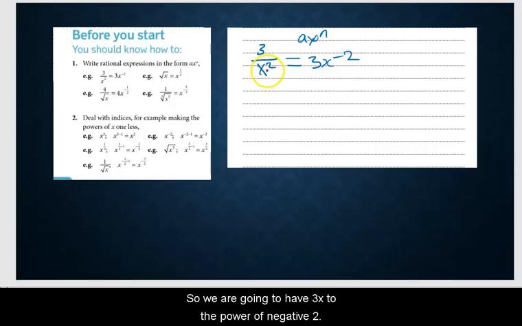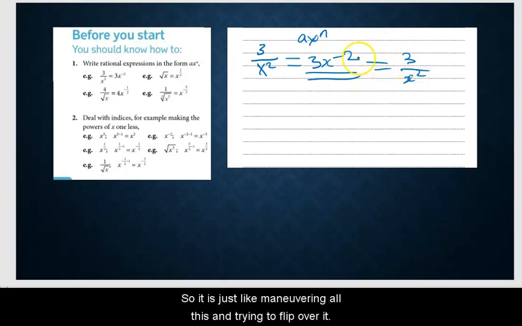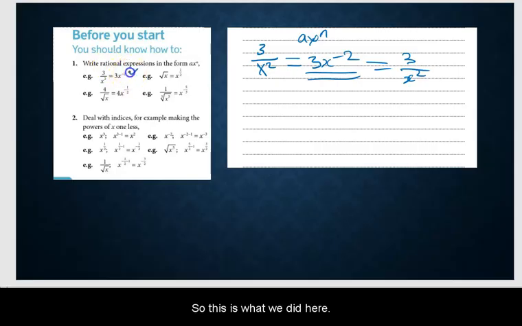So we are going to have 3x to the power of -2, and if you take it back, it becomes 3 all over x squared. So it is just like maneuvering all this and trying to flip over it. So this is what we did here. And the second one is the same thing when you have root x. In this case, if it is root x, we know that the root sign of x, so remove the sign, it is simply going to be a half.